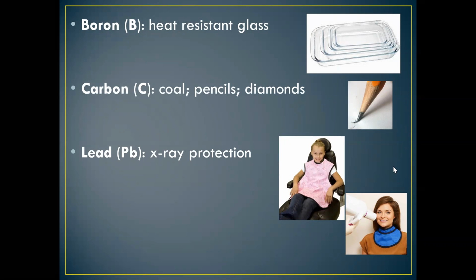So when you have this vest on you, you're protected because it's not touching your skin, the lead itself. Lead stops x-rays from going through your body. That's why they put this vest on you, and they want the x-ray to only go to the part of your body they're x-raying. The x-rays will not be able to penetrate through this lead suit, and therefore it's protecting your soft organs.